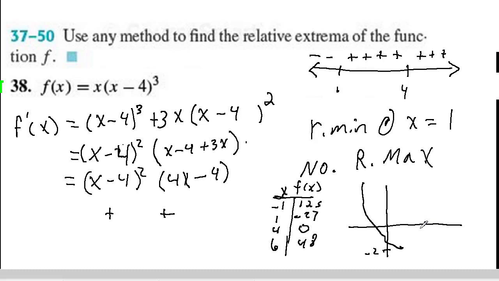But once we get past 1, we start increasing and continue to increase forever and ever. And we do have a flat spot there because my first derivative is 0. So we try and make a flat spot, something like that. And we'll worry about the concavity and the inflection points in a little bit. Then it just keeps growing and growing. But we need a little flat spot right there. Okay.